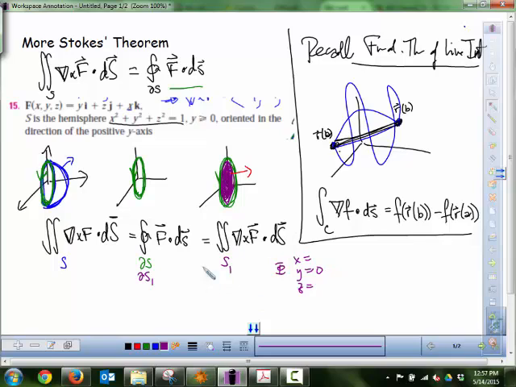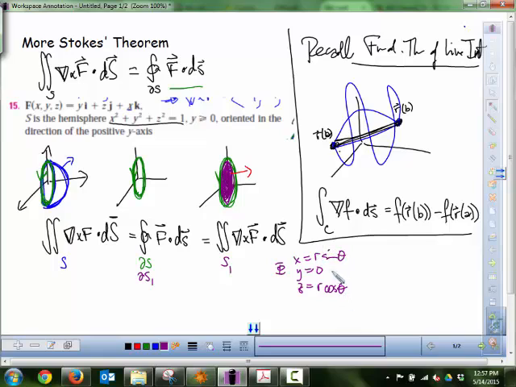And then this disk can be parametrized. I'm going to do it with polar coordinates this time. I think I've been kind of avoiding polar coordinates, but let me do polar coordinates. And I'm going to let the z be the cosine, and then the x be the sine.